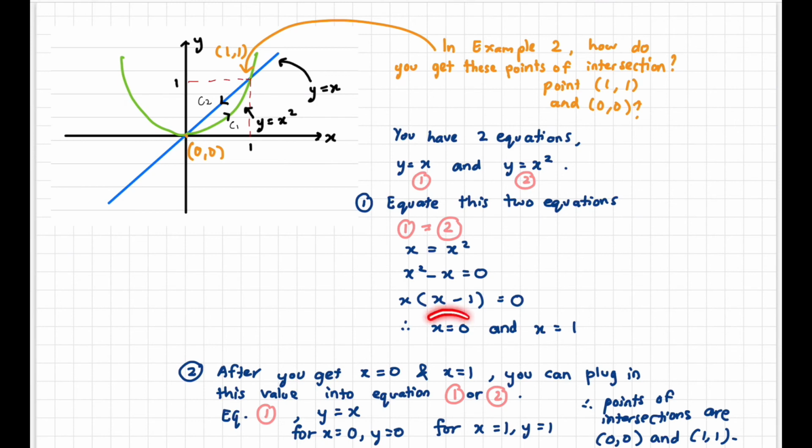So now you have two values of x. Then you can plug these values into equation 1 or equation 2. Now I want to plug into equation 1, y equal to x. So when x equal to 0, you get y equal to 0, and when x equal to 1, you get y equal to 1. So you get the points of intersection 0, 0 and 1, 1.